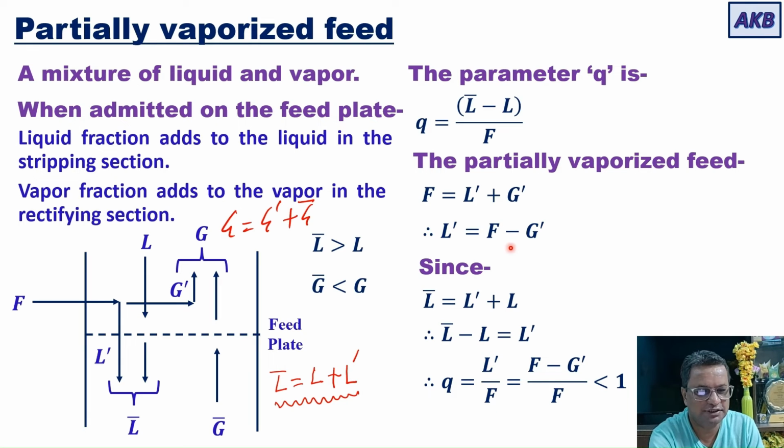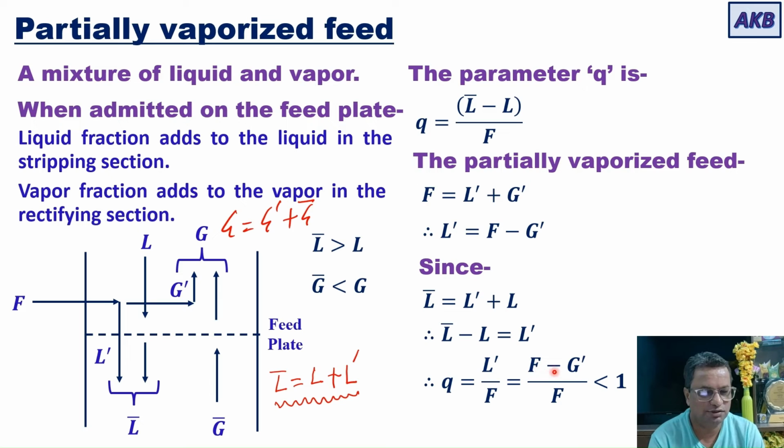But L dash is F minus G dash. So Q is (F minus G dash) upon F. You have the numerator less than the denominator. That's why Q will be less than 1. Okay. It will never be less than 0 for partially vaporized feed.